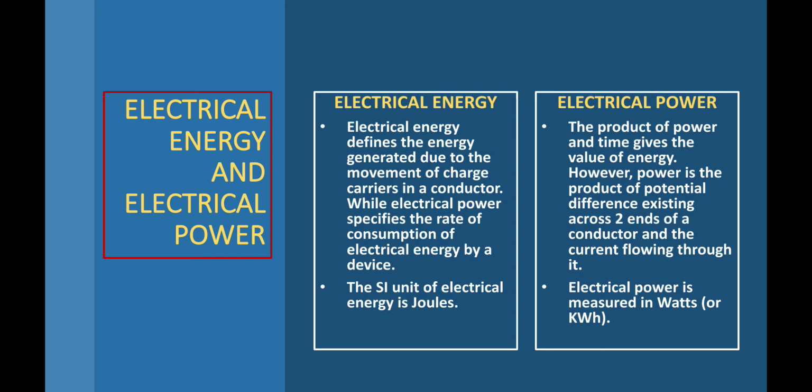When an electric current flows through a conductor, the electrical energy is used up, and we say that the current is doing some work, and the rate of doing electrical work is known as electrical power. The SI unit of electrical energy is joule, and electrical power is measured in watts.